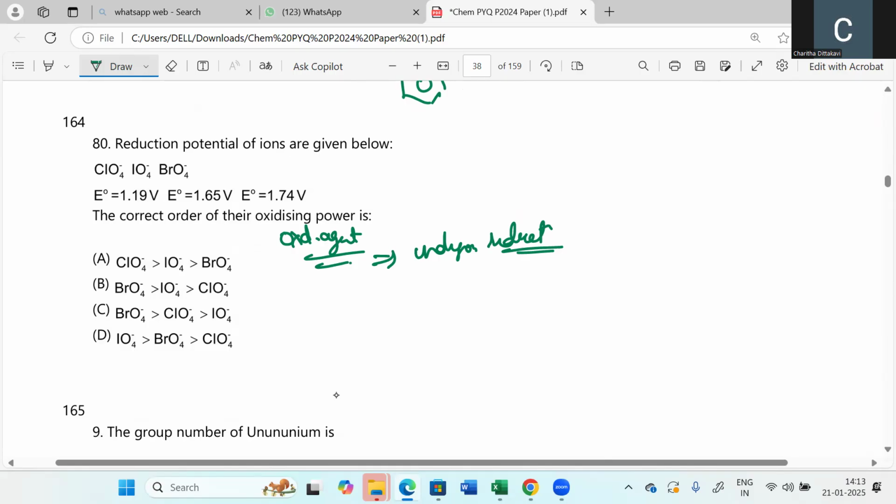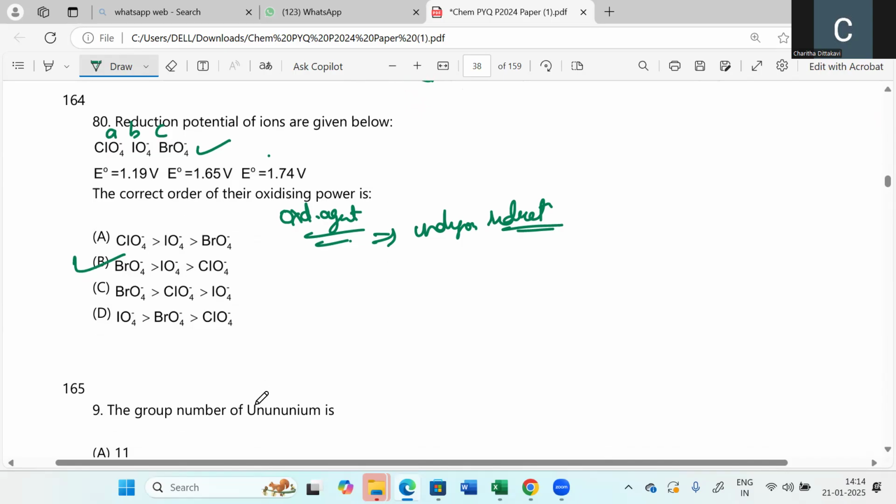That is what we have seen. The numerically bigger values here are 1.19, 1.67, 1.74, the bromine one, right? So the numerically bigger value undergoes reduction. Please make a note of it. Then the order will be C first, then B, then A: C, B, A. That would be your order. So 164, option B, correct.